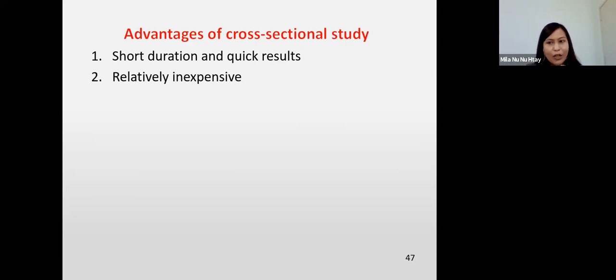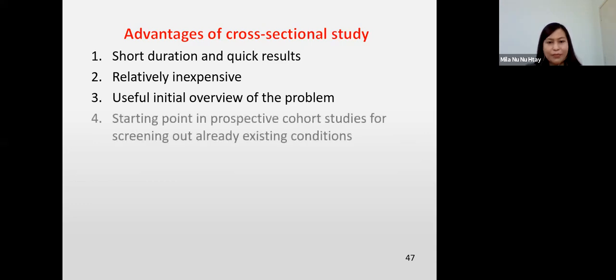Compared to an RCT, or a 5-year, 10-year follow-up cohort, it is relatively cheaper, quite less expensive. And as I mentioned before, if we are new to the problem, we can get the initial overview of what is happening in the community. Then from that, we can propose the hypothesis.